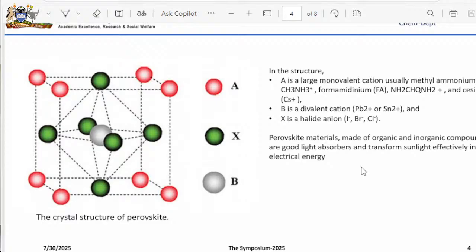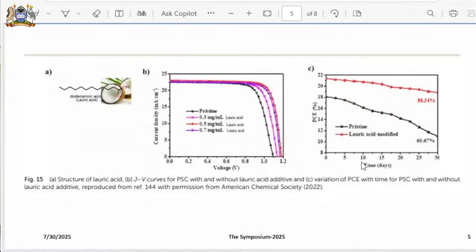Next, please. I highlighted an example from one of the works that we did. We reviewed dodecanoic acid, that's simply lauric acid. It's a natural product. When it was incorporated as an additive for making perovskites, the result showed improvement.